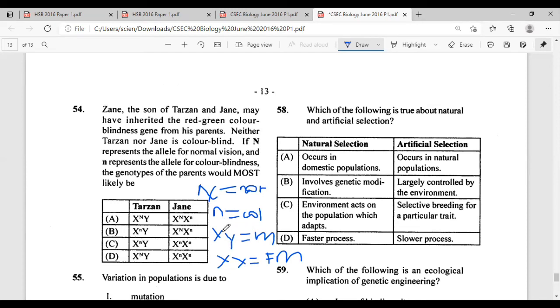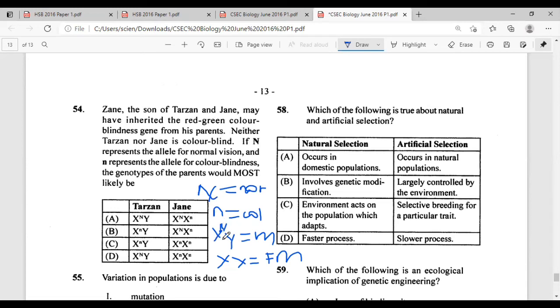And if it's shown in males and they're telling us that Tarzan does not show any color blindness, that means that he does not have it. So on his gene, we would have capital N.